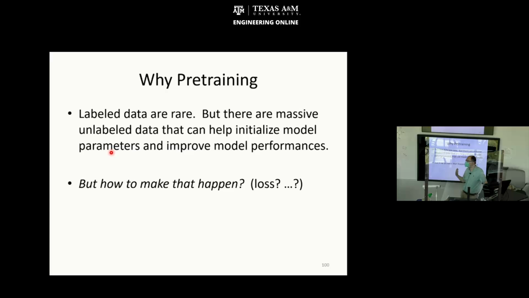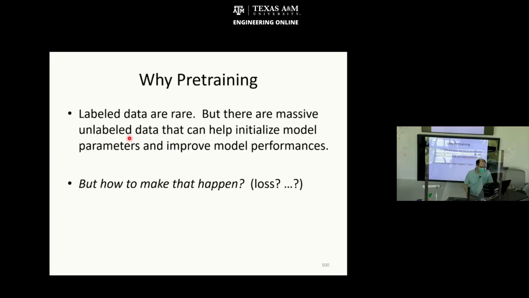So we could utilize them. This is one way to utilize pre-training, but it's very superficial. Let's start with this: we can utilize pre-training to initialize part of your model parameters, and then fine-tune it for your task and improve the model performance.